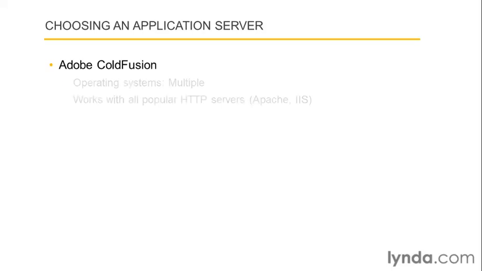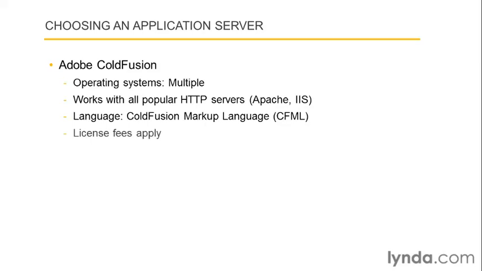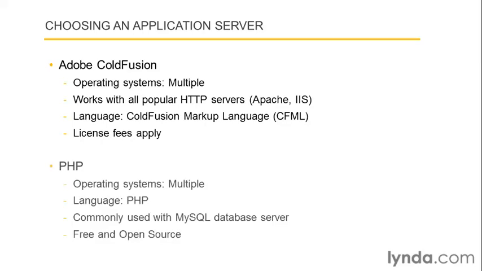There's also Adobe ColdFusion, which works on multiple operating systems, and works with all of the popular HTTP servers such as Apache and IIS. When you work in ColdFusion, you'll be using its proprietary language, ColdFusion Markup Language, or CFML, a tag-based language. Adobe ColdFusion requires a separate license fee, and it's available from Adobe Systems. And finally, there's PHP.